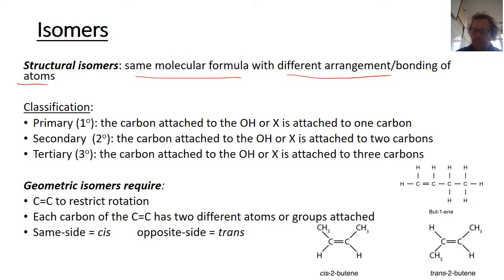So this one here, but-1-ene, you can see although there is a double bond that restricts rotation, this carbon has 2 hydrogens, so therefore this does not have geometric isomers. However, if we move the double bond across, then we've got but-2-ene, and we can see that we can arrange the groups on the same side, cis, so hydrogens same side here, or we can have them opposite where it's trans.